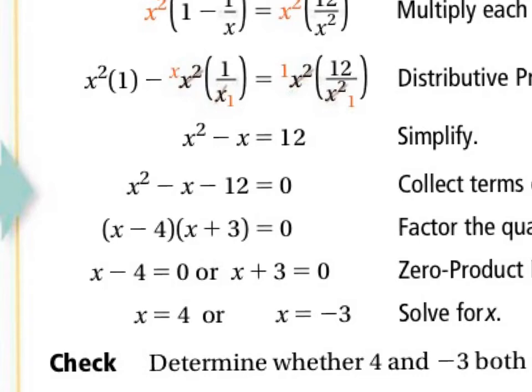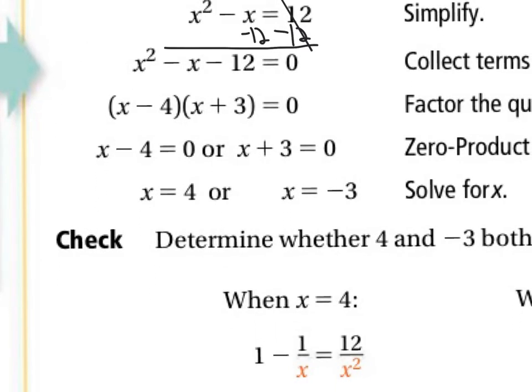Notice on this problem, we have a squared term and an x term. We also have a constant hanging out on the other side of the equation. So that would be our cue that we want to set this equal to 0 and then try to factor this. Remember, if it doesn't factor, the other options would be trying to complete the square or using quadratic formula.